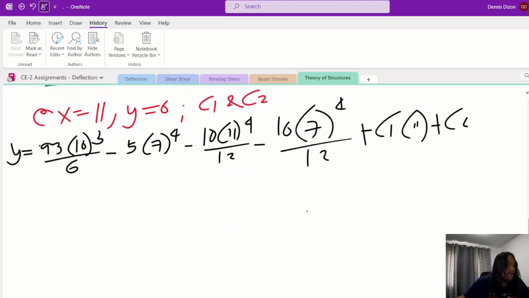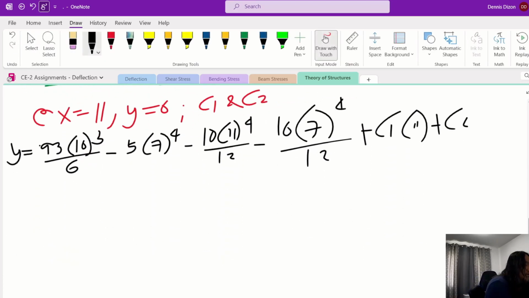So simplify that one. The total of this one is equal to 0 because that is our condition where x is equal to 11, y is equal to 0. Therefore, simplifying this one would be 93 times 10 cube divided by 6.